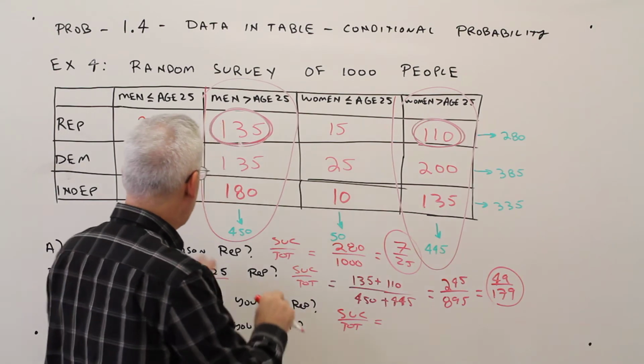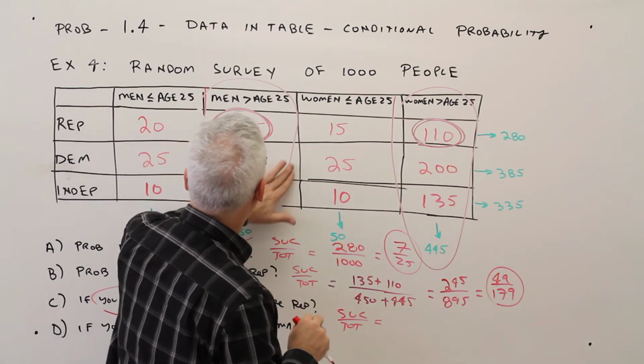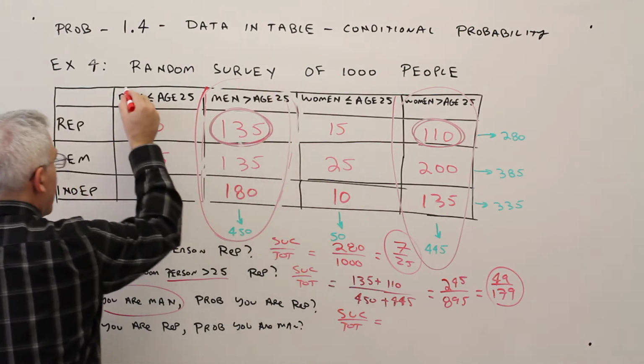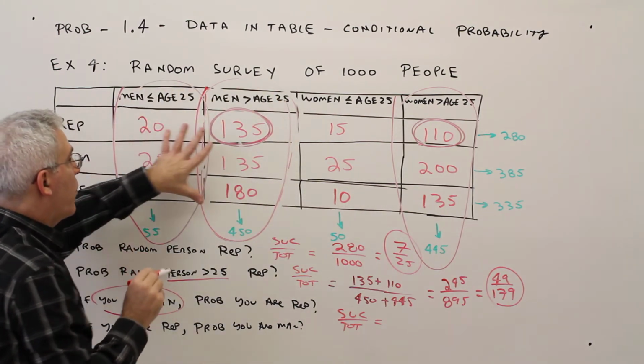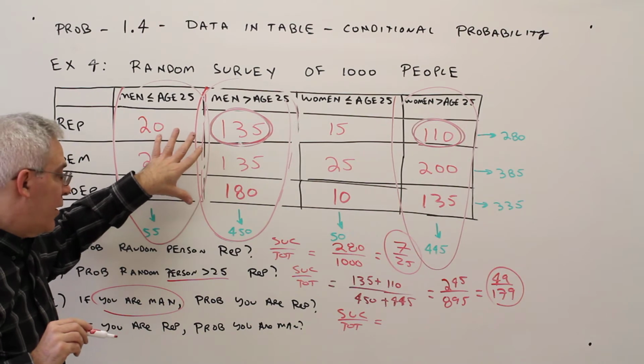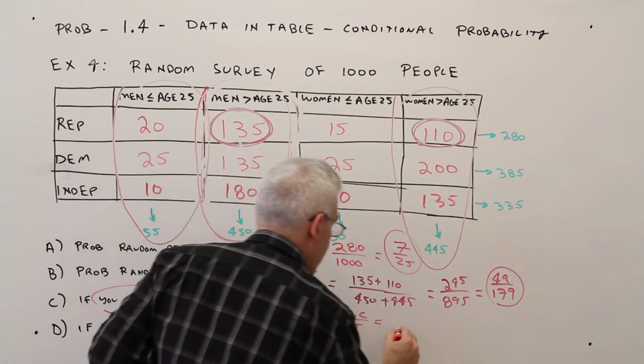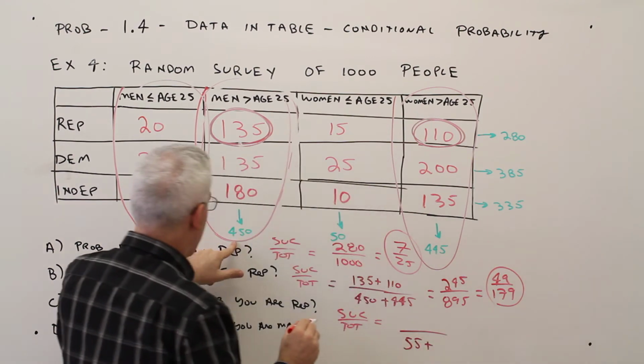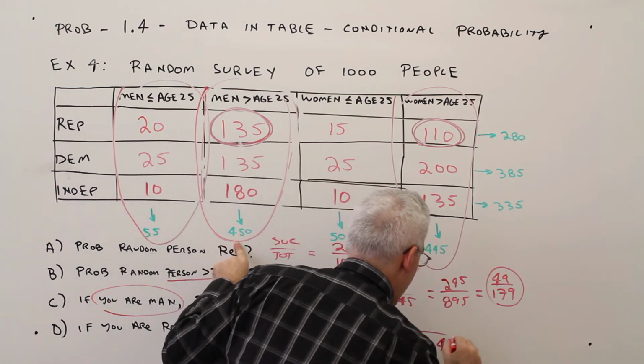Let's find out what that totals. All the men would be this for my sample space. So the total would be 55 men there plus 450 men there.